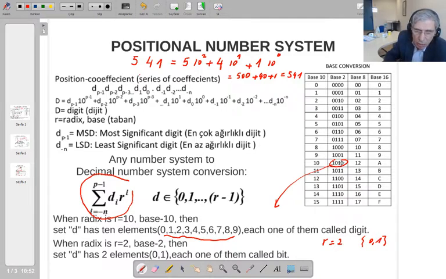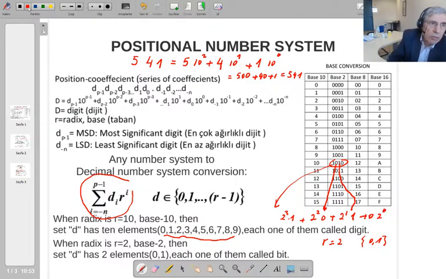So base 2 number. So this position has got 2 to the power 3 times 1. And the second position is 2 to the 2 and that's 0. Plus 2 to the power 1, multiplied with this one, plus 0 times 2 to the power 0. So let me show it.